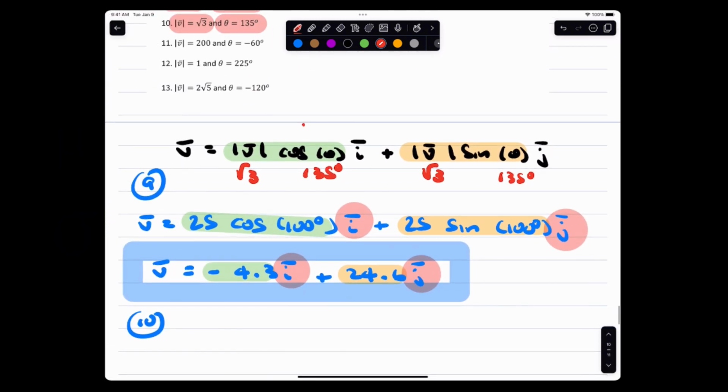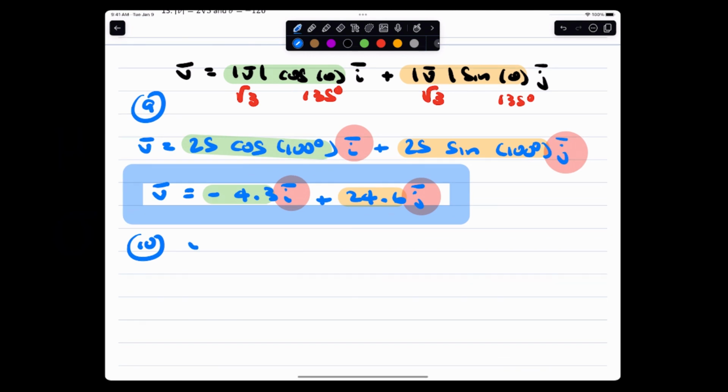Okay, so let's plug that in now. And we say vector V now will be the square root of 3 cosine 135 degrees, there is i, plus the square root of 3 sine 135 degrees j.